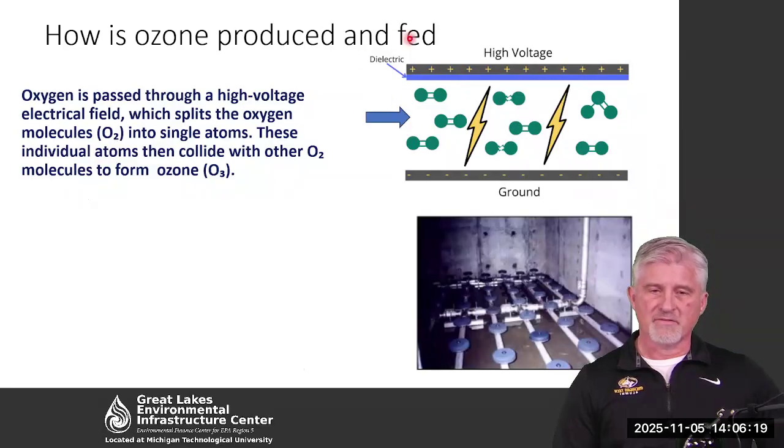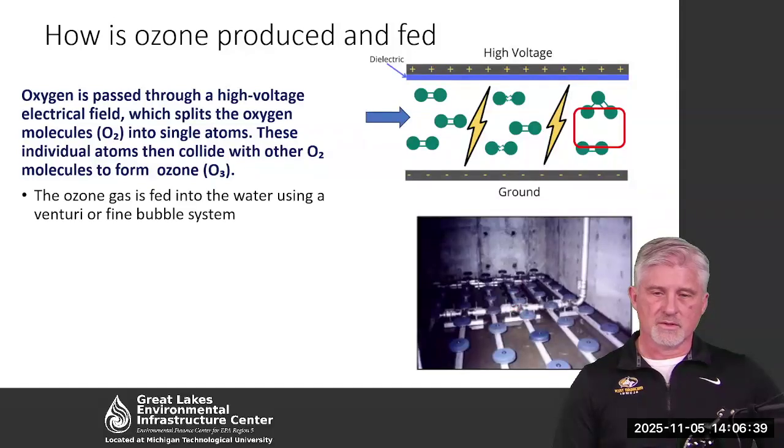How is ozone produced and fed? Oxygen's passed through a high voltage electric field, and it splits the O2 molecules into single atoms, and these individual atoms collide with other O2s to form O3s. So we can see here that example of the diffuser that is used on the right.